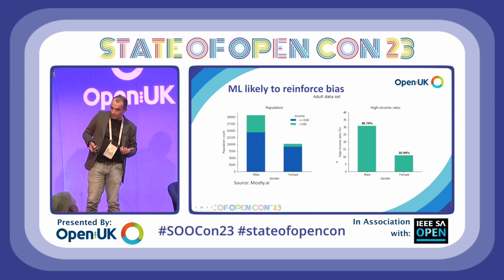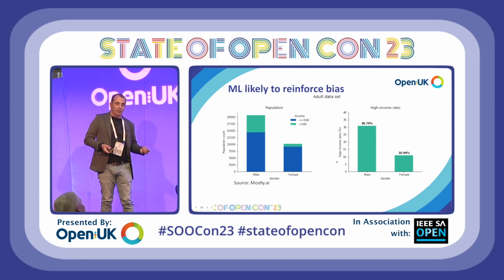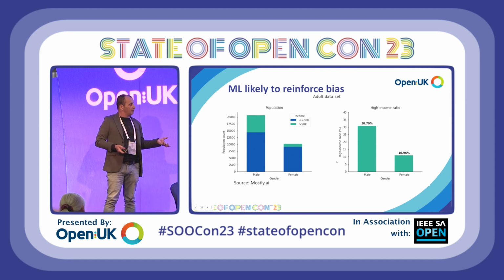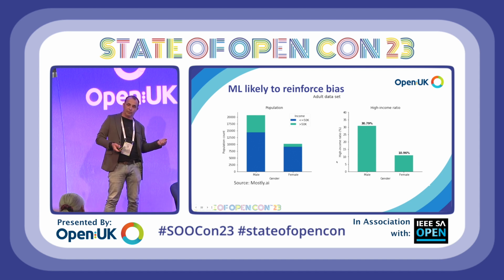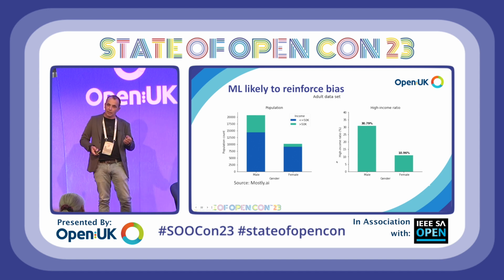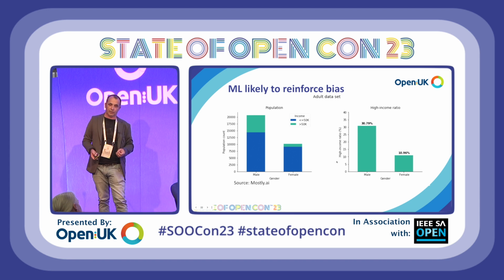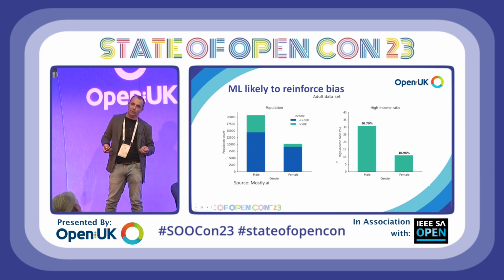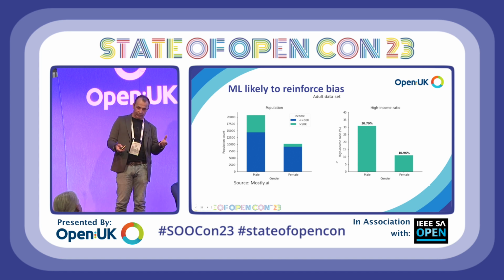That reflects reality, it's true, but if you train a machine learning model on that, the machine will probably identify gender as an indicator of income. So if you are female, you are less likely to have an income above 50K.